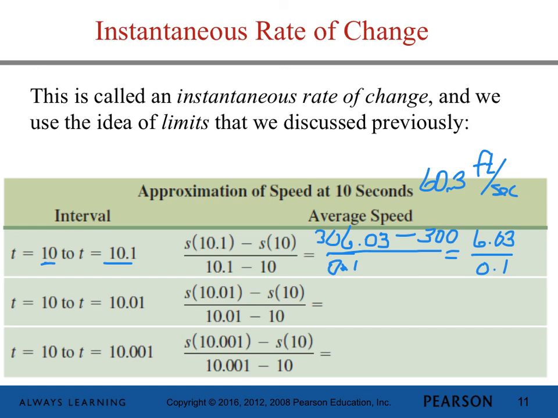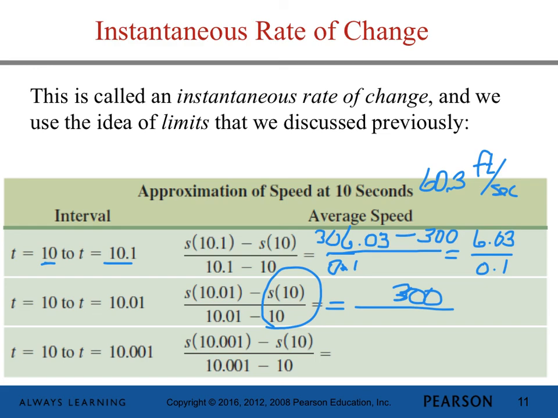So if we, again, used S of 10, at the end of 10 seconds, we had gone 300 feet. What if we went even closer? What if we only went to 10.01?